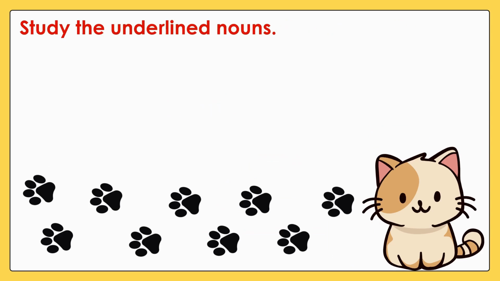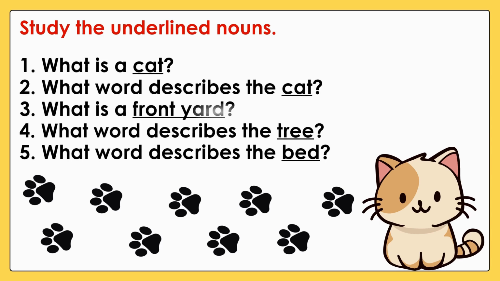This time, let us study the underlined nouns. Number 1, what is a cat? Number 2, what word describes the cat? Number 3, what is a front yard? Number 4, what word describes the tree? Number 5, what word describes the bed?